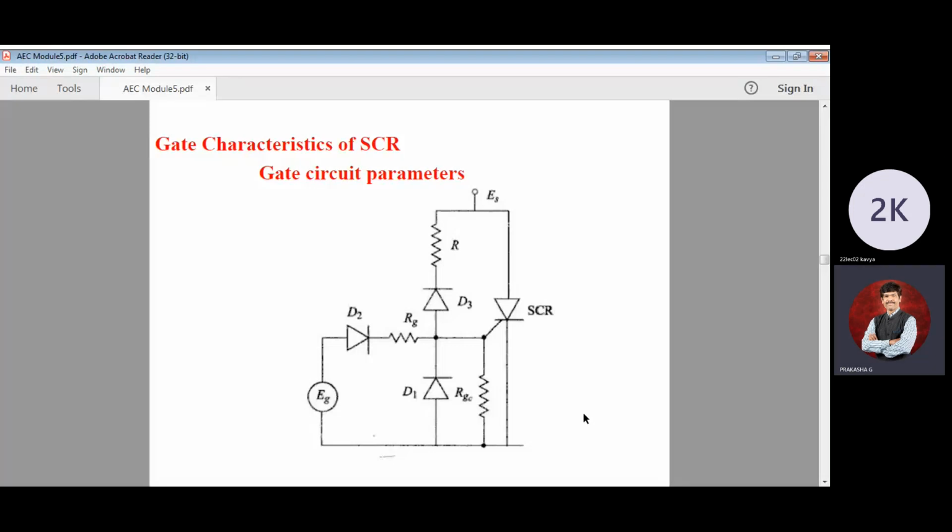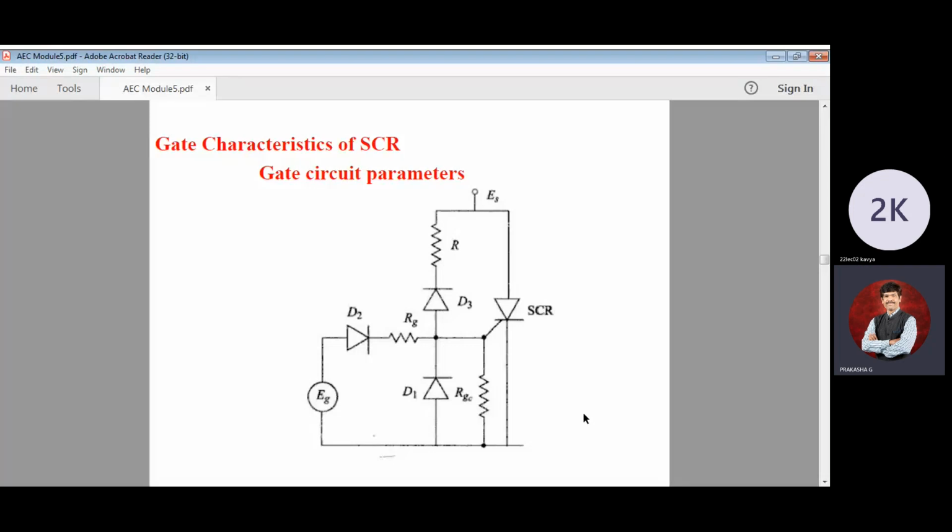Since I have applied a source voltage, there may be a source current coming from this negative direction. This may affect your IG.